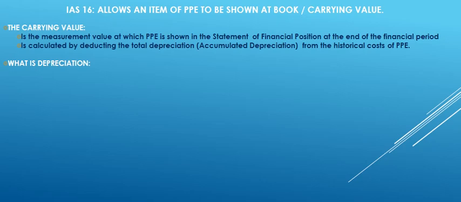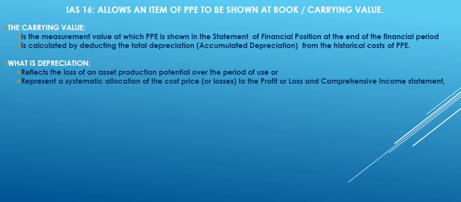While the depreciation reflects the loss of an asset's production potential over the period of use, depreciation represents a systematic allocation of the cost price of PPE to the profit or loss and comprehensive income statement.